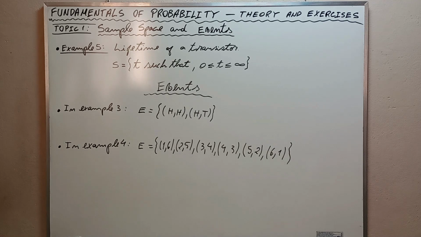In example 3, in which two coins are flipped, if E is {(heads, heads), (heads, tails)}, then E is the event that a head appears on the first coin.